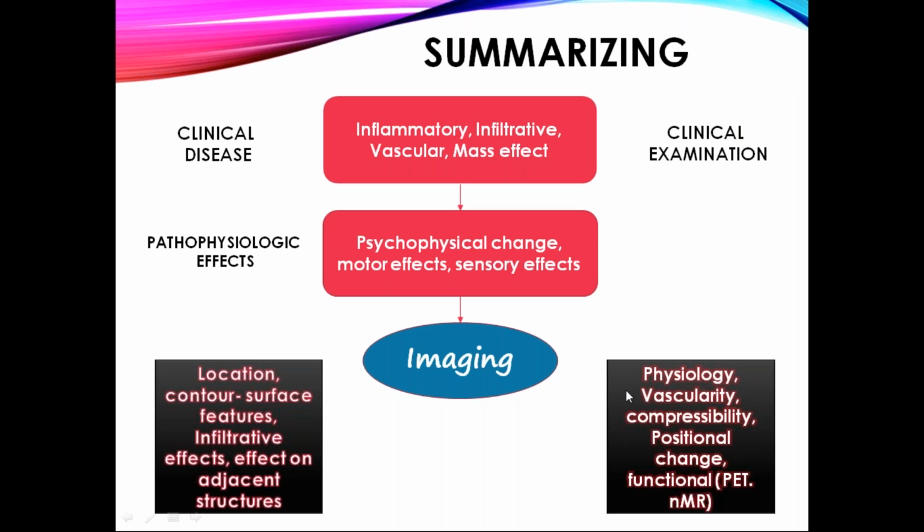And if you want to identify the exact lesion, based on physiology, vascularity, compressibility, positional change and functional change, by doing a PET scan you can also identify the activity of the tumor, whether it is vascular, whether it is compressible, whether there is a positional change. So mainly CT scan is the mode of imaging.